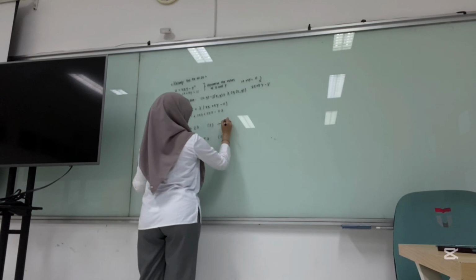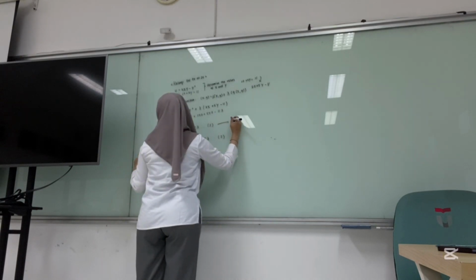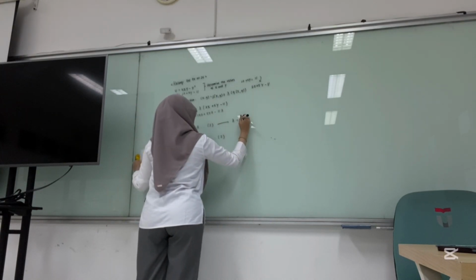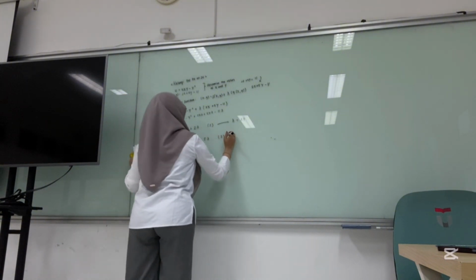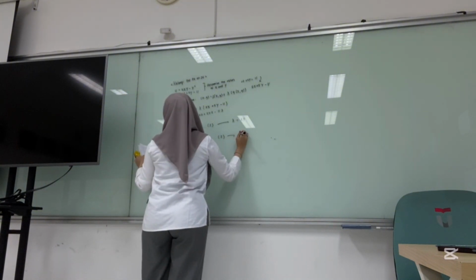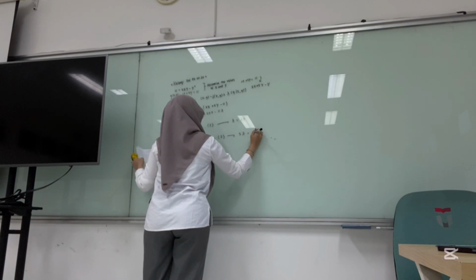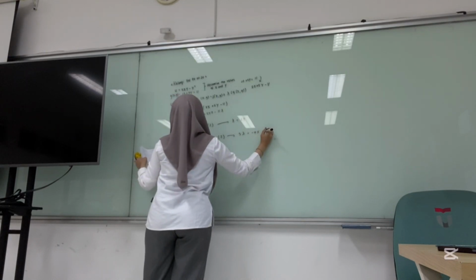This one can be written as lambda equals 2y, and this one can be written as 5 lambda equals minus 4x plus 2y.